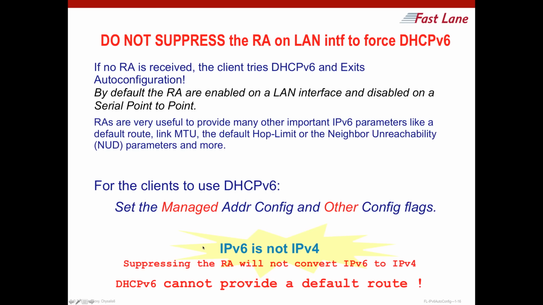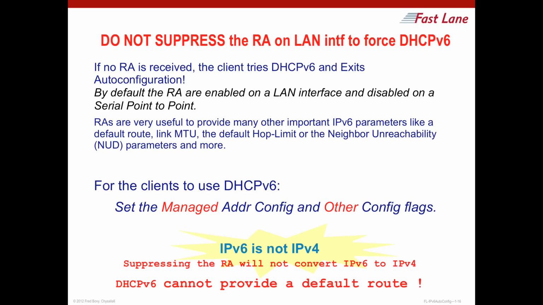By the way, it is not a good method to force the use of DHCP to suppress the router advertisements, because actually if the node does not receive a router advertisement, it is going to try DHCP, and that's it. Once it has done this, the auto-configuration process is over. So again, it is not the right way.